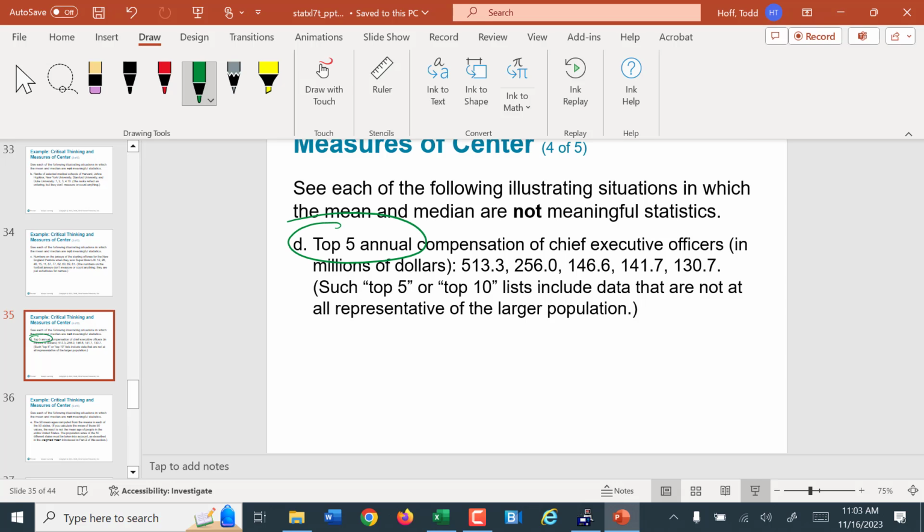That's not a representative sample of the population. If we say that we randomly selected 10 CEOs out of all the corporations in the United States, that would be different. Now it would be a representative sample of the CEOs of all the corporations.